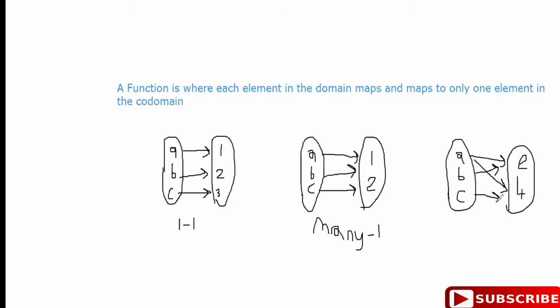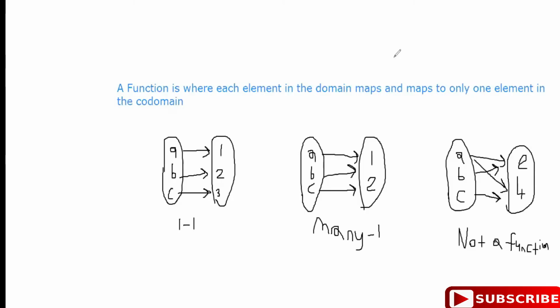No, sir. Why is it not a function? That's one to many. That's why it's not a function. So you're looking for a case where you're going to see one to many. In this question, you just want to look for any case where you have one to many.